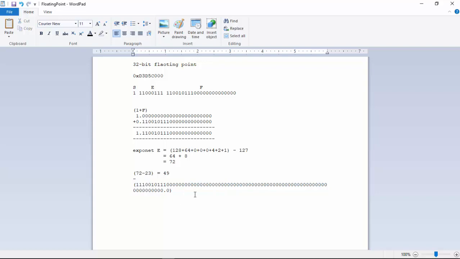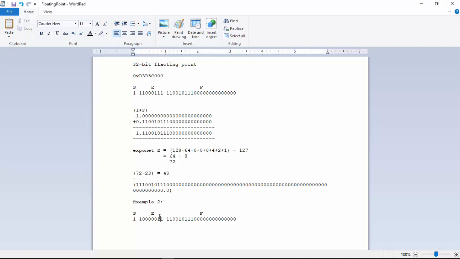Let's do another example. Let's say I want to play with this more. So this is example 2. Let's take the same bit pattern, but we'll just change it, something like this.